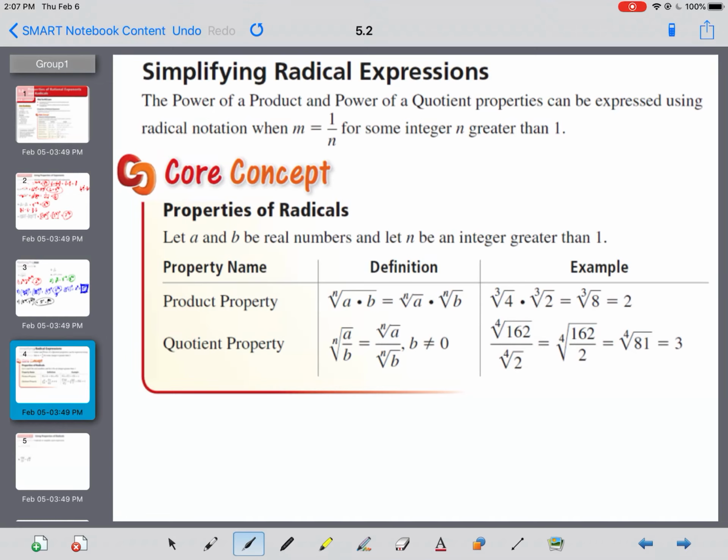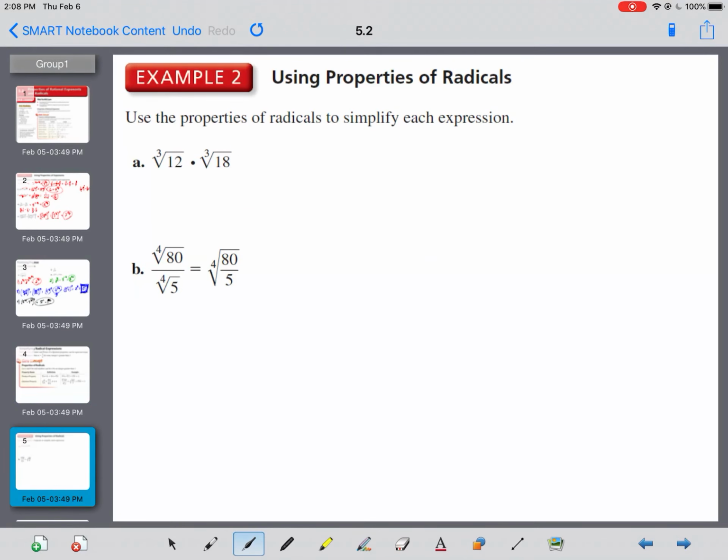So, product property, if we're multiplying them together, we can separate them, like so. You can also put them back together. So if you have something to the 3rd root times something to the 3rd root, you can multiply it underneath the same radical sign, and then you can reduce it. Quotient property works the same. You can split them apart, you can stick them together. You do whatever you need to get it as simple as possible.